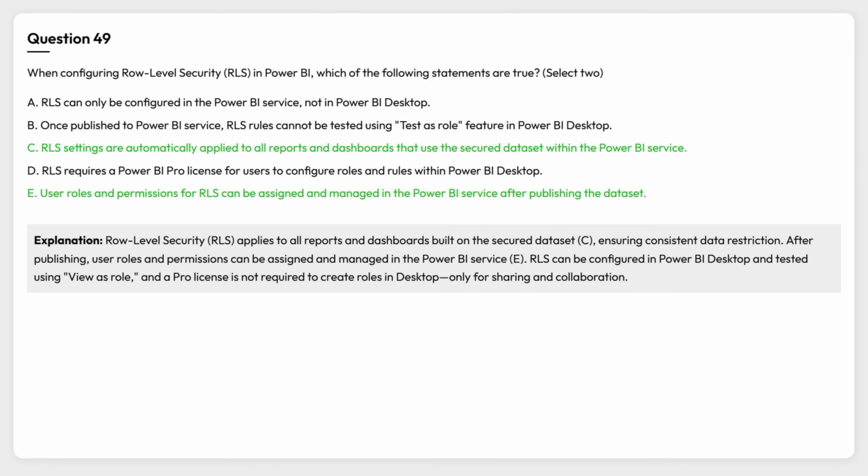Row level security applies to all reports and dashboards built on the secured dataset, ensuring consistent data restriction. After publishing, user roles and permissions can be assigned and managed in the Power BI service. RLS can be configured in Power BI Desktop and tested using View as Role, and a Pro license is not required to create roles in Desktop, only for sharing and collaboration.